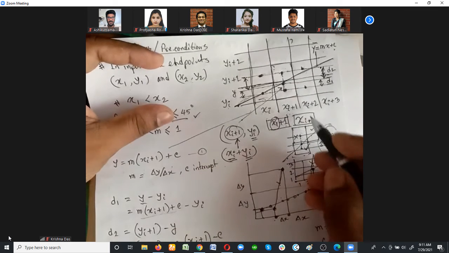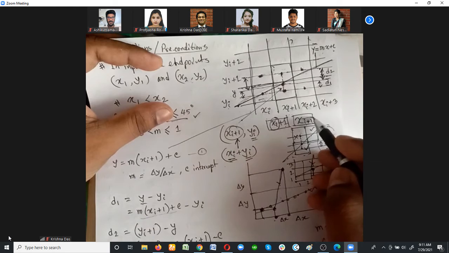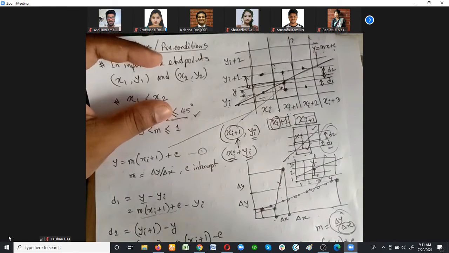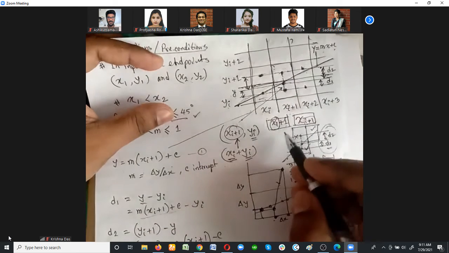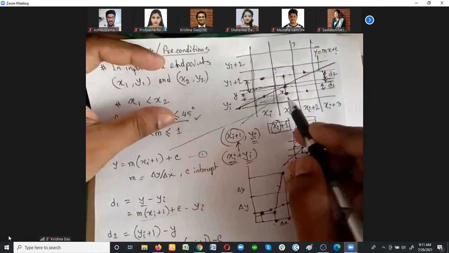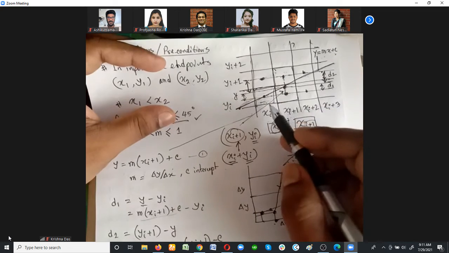But this one is actually indicating the next value of xi. Whatever the xi we have, that xi plus 1 is actually the next value of this one.